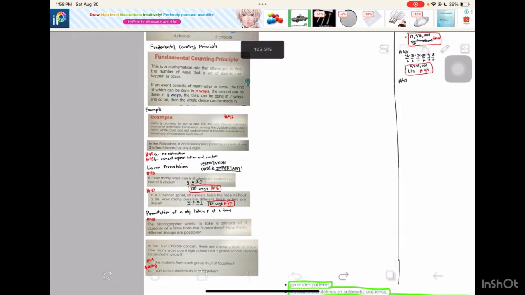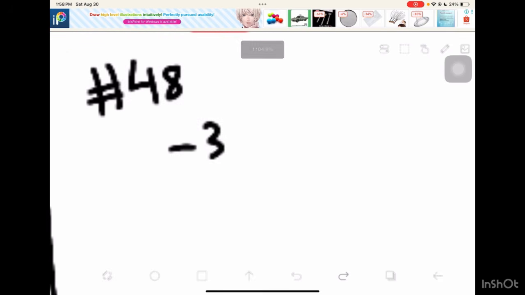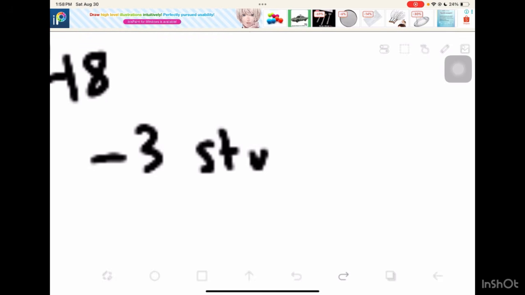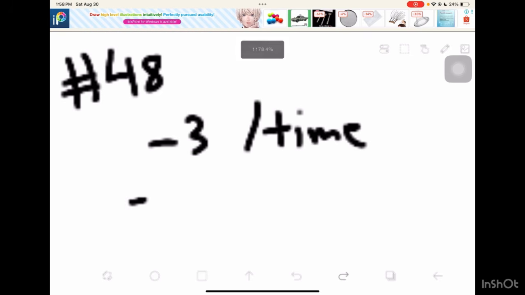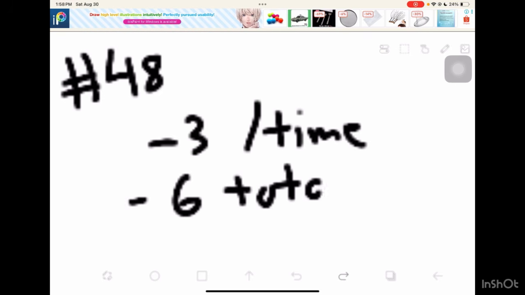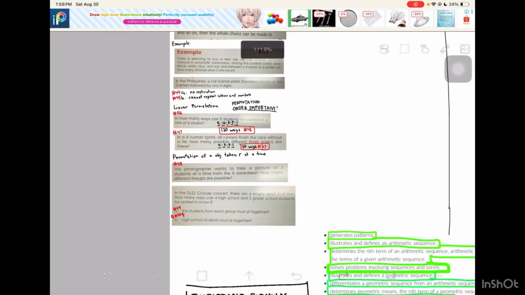So we have the 3 students at a time, and we also have 6 total. A photographer wants to take a picture of 3 students at a time with the 6 awardees. How many different lineups are there?